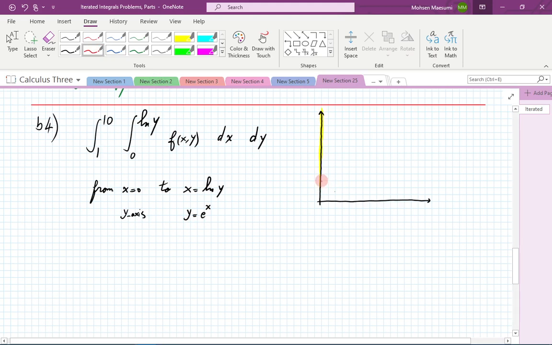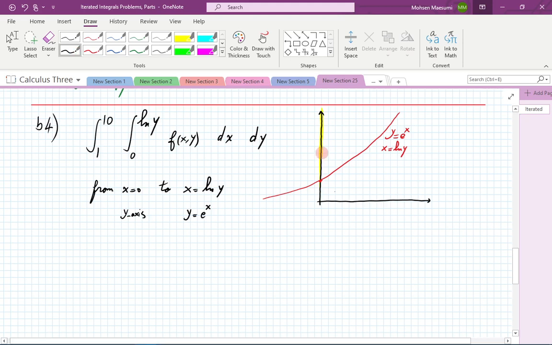Well, let's say this is 1. So exponential of x is a curve that goes up like this. So y is equal to exponential of x, or x is equal to logarithm of y. These are the same thing. So we are starting from here and going all the way there.